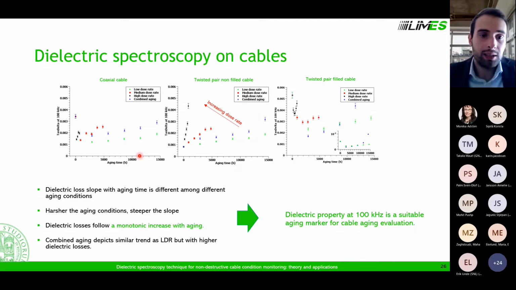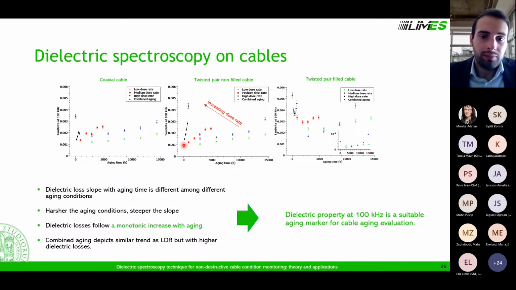the aging time for the four different aging conditions considered, we have that the dielectric losses increase with aging. That is again already expected and already presented. But what is important is that as we increase the harshness of the aging conditions, we are also increasing the steepness of the dielectric losses increasing curve.